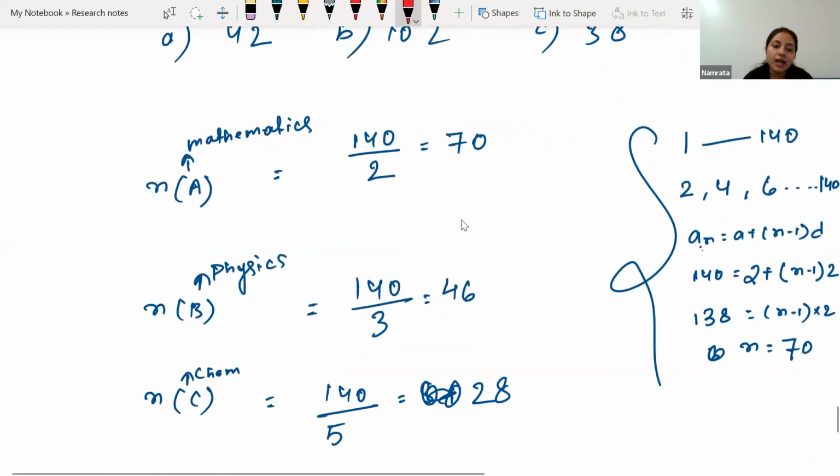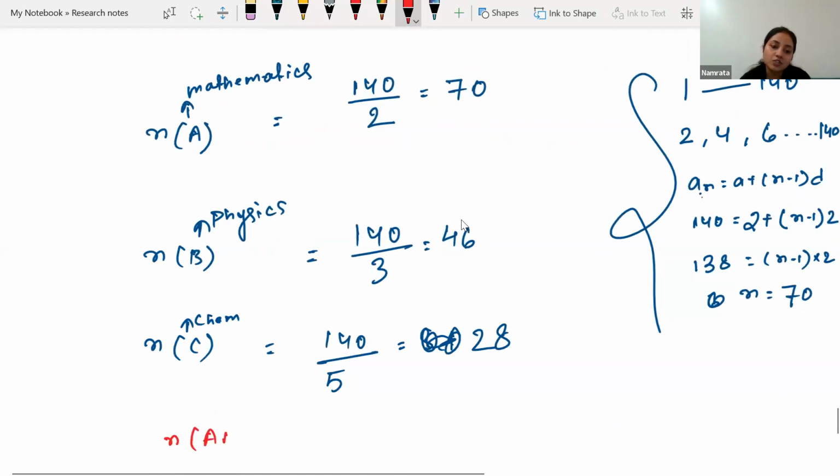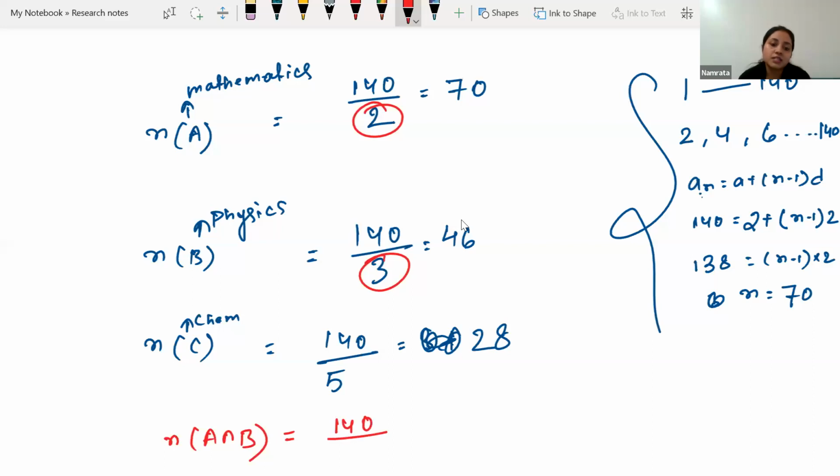Now, if we have to find n of A intersection B, that means the number which is divisible by 2 also and 3 also. So we can say the number which is divisible by 6. That will be 6, 2 times 12, 6, 3 times 18, right?